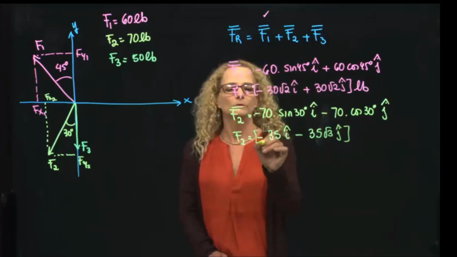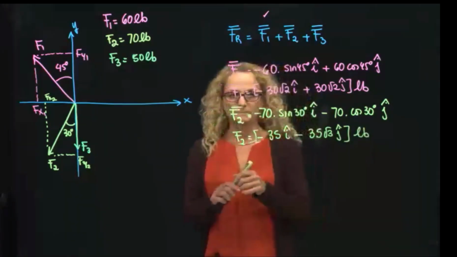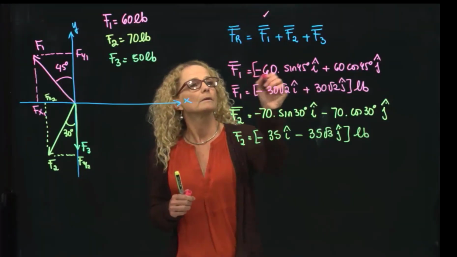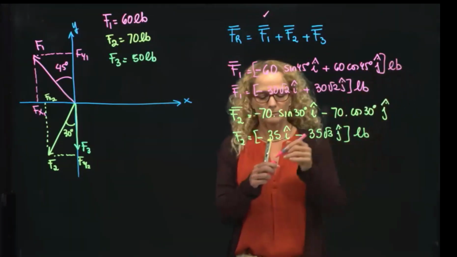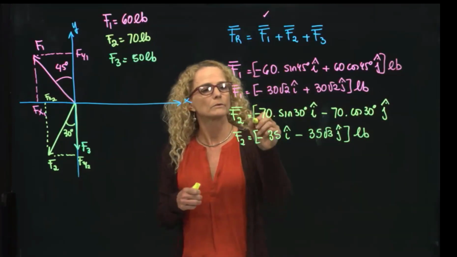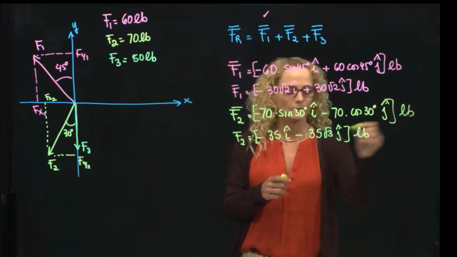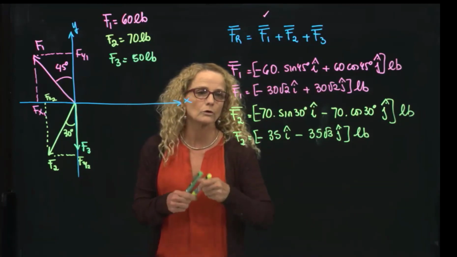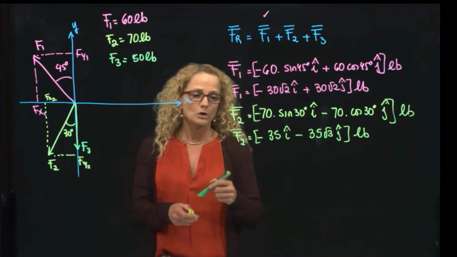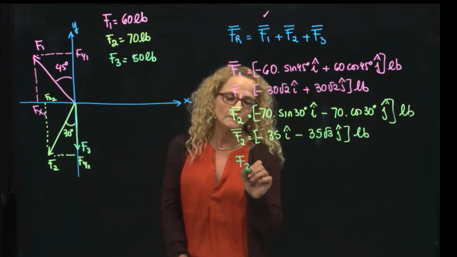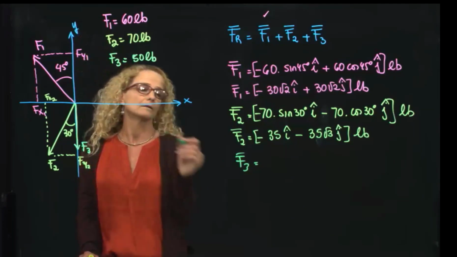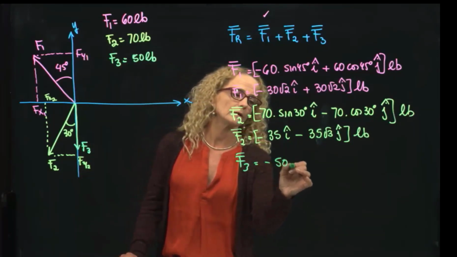And this is in pounds. This is also in pounds, and this is also in pounds. And finally, we have F3. F3 is a vector, so be careful with all the notation. F3 is easy because it's only along the y-axis and it's negative, so it's minus 50 in j.